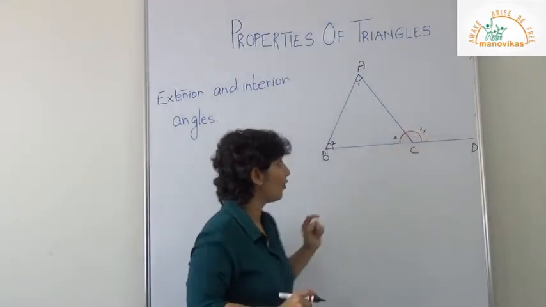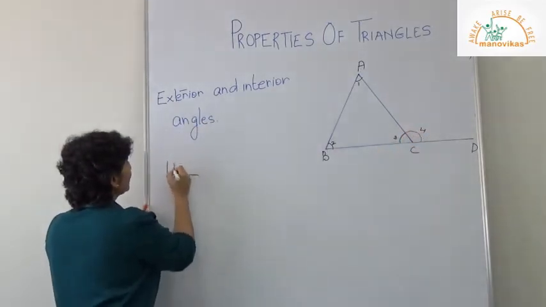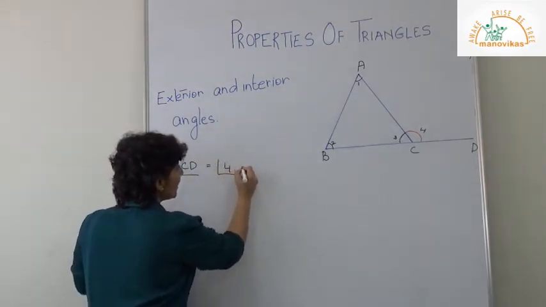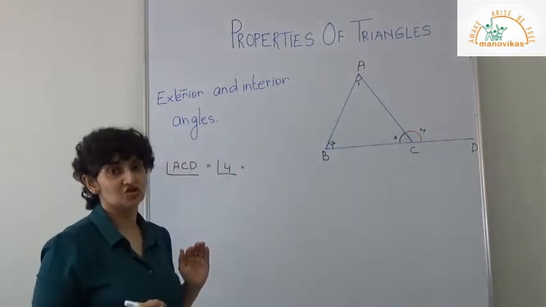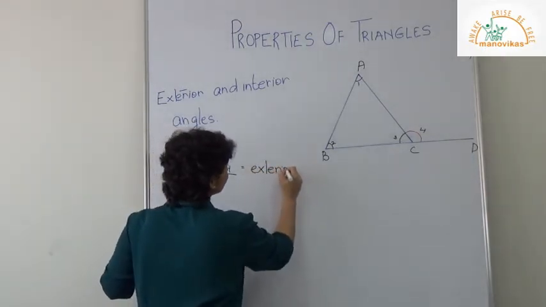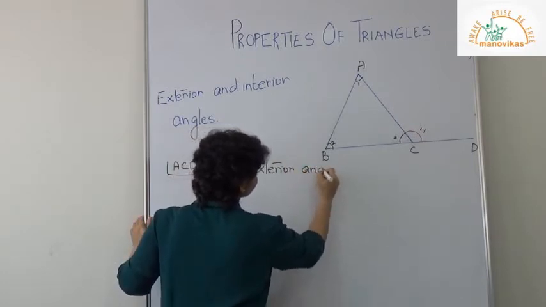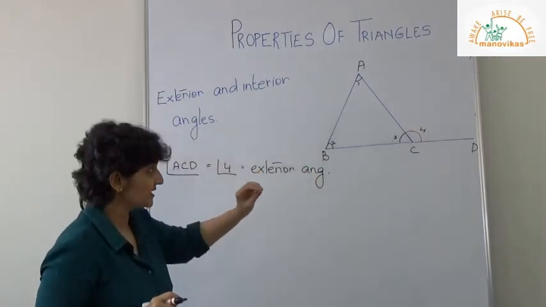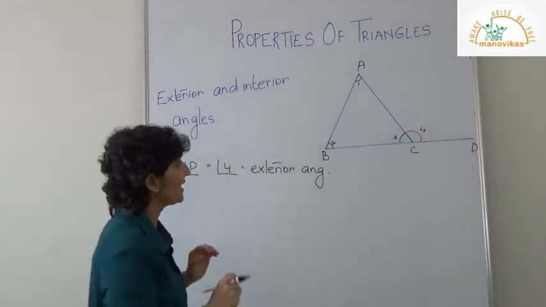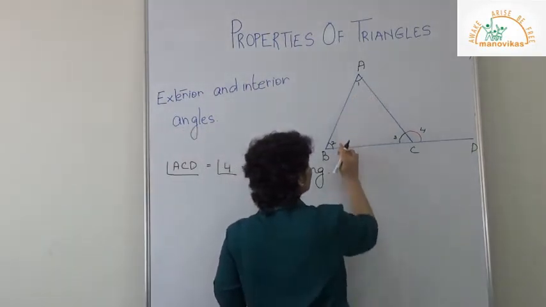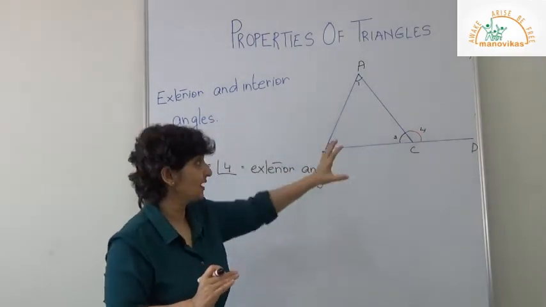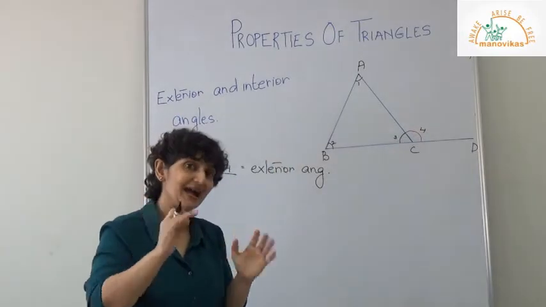So angle ACD, which is equal to angle 4, is outside your triangle. So this is your exterior angle. Did you understand? So angle ACD is your exterior angle. Now angle 1, 2, 3 are inside the triangle and so they become your interior angles.